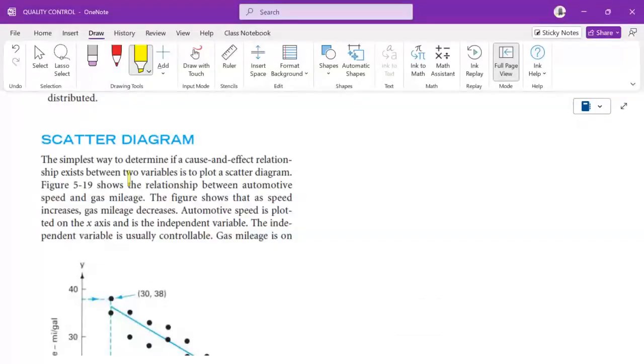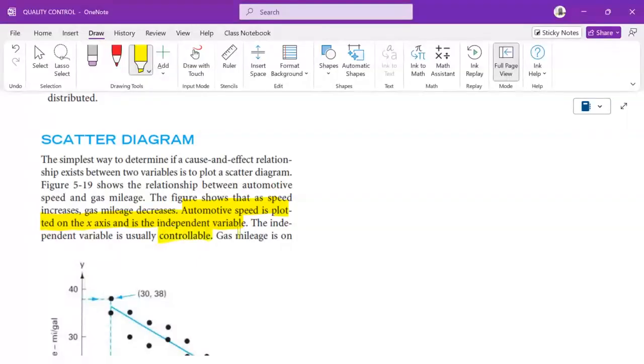Then the automotive speed is plotted on the x-axis because it's a changing variable, and we're saying that it is your independent variable. The speed is your independent variable and therefore is plotted on the x. The independent variable is usually controllable.